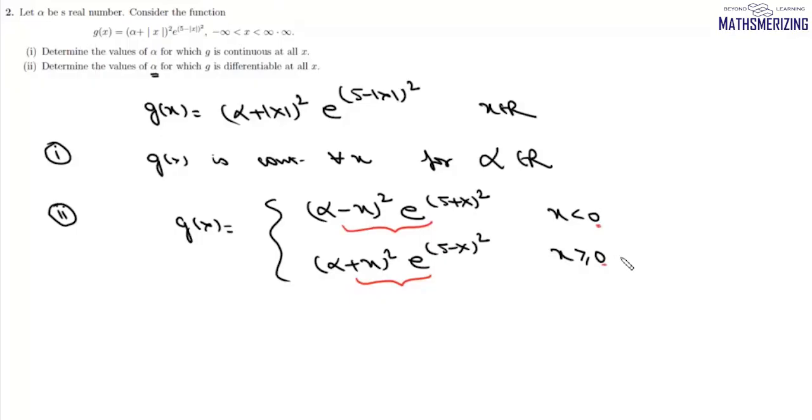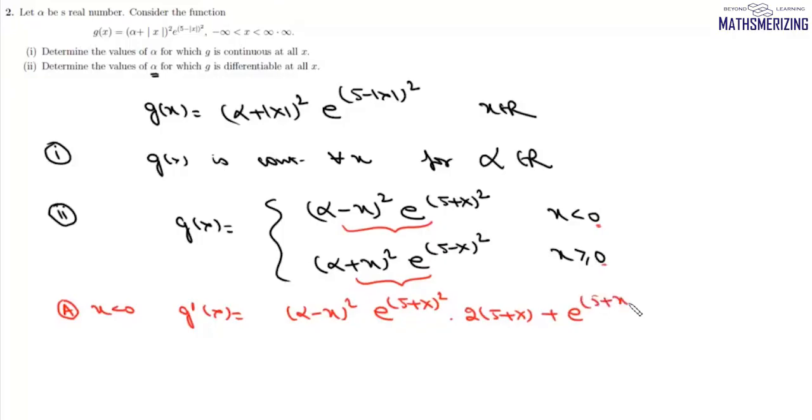Now what we'll do is we'll find g dash x when x is less than 0. So if x is less than 0, then g dash x will be (alpha - x)^2 e^((5 + x)^2) into 2(5 + x), and then plus e^((5 + x)^2) into 2(alpha - x) into minus 1.